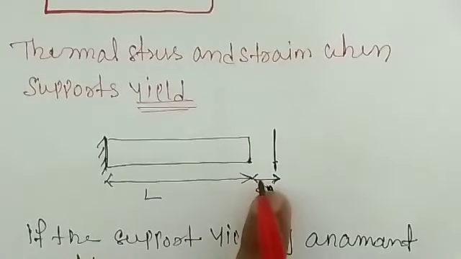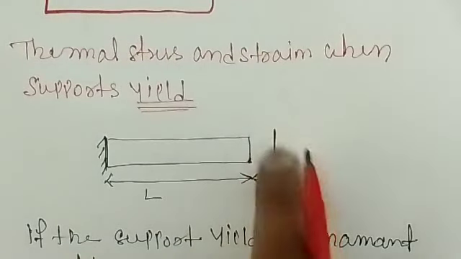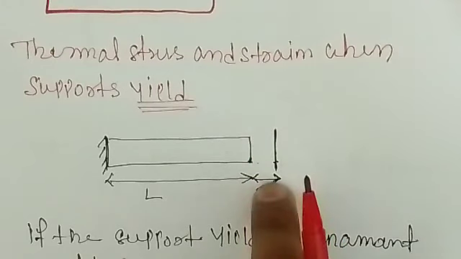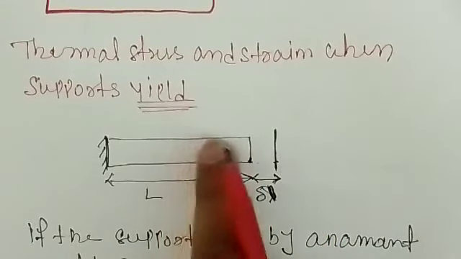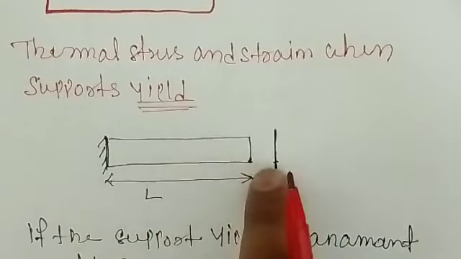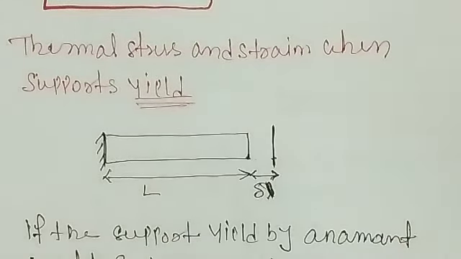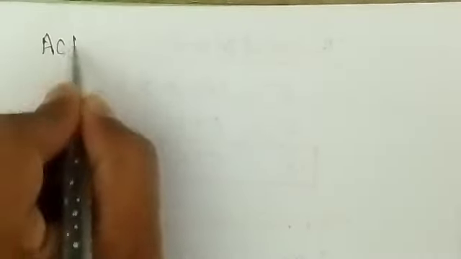You understood yielding? That means we are giving some support at a certain distance, right? So when this body is subjected to the temperature rise, that body can expand up to that limit only. It won't go beyond the limit. Now that the strain is there, we can find the stress.